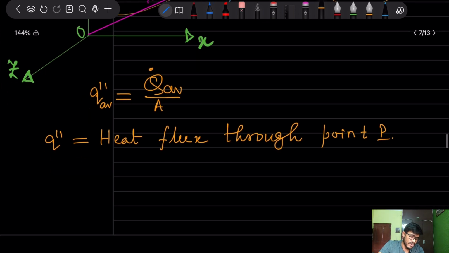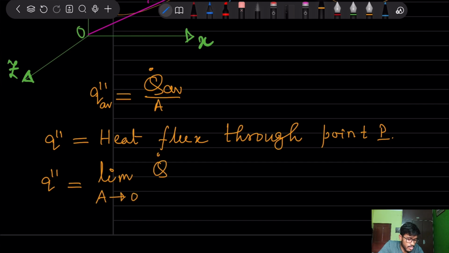Now the answer is Q double dash is equal to limit A tends to 0 of Q dot average by A. Now there are two catches. One is this limit A tends to 0 cannot be taken in any manner.